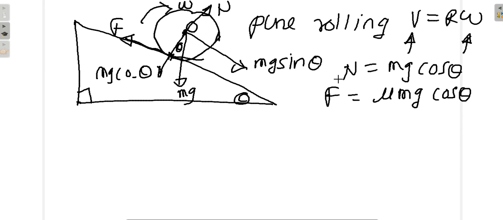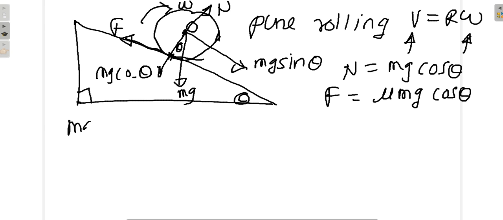All these things you can easily understand. Let us apply D'Alembert's principle to find the acceleration of this particular body. The downward force is mg sin theta. The upward force is mu mg cos theta. The net force will be ma.